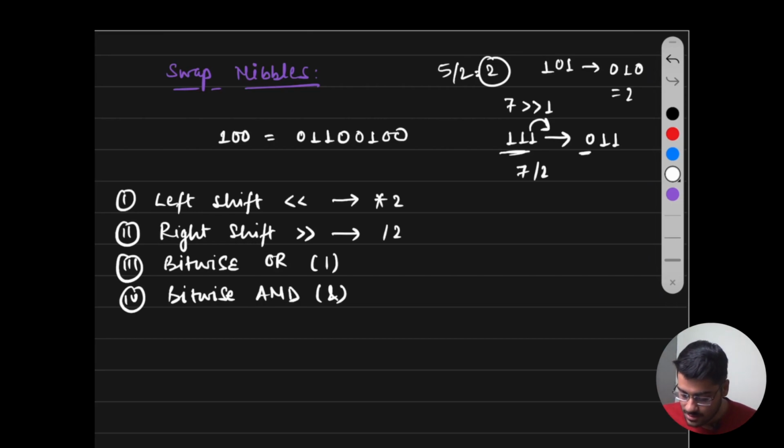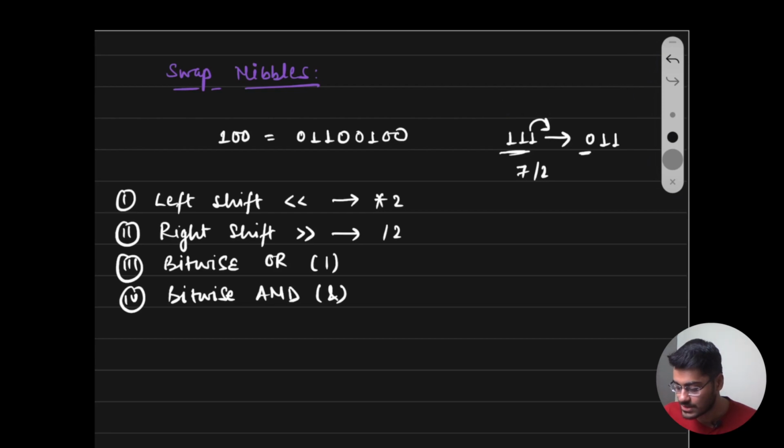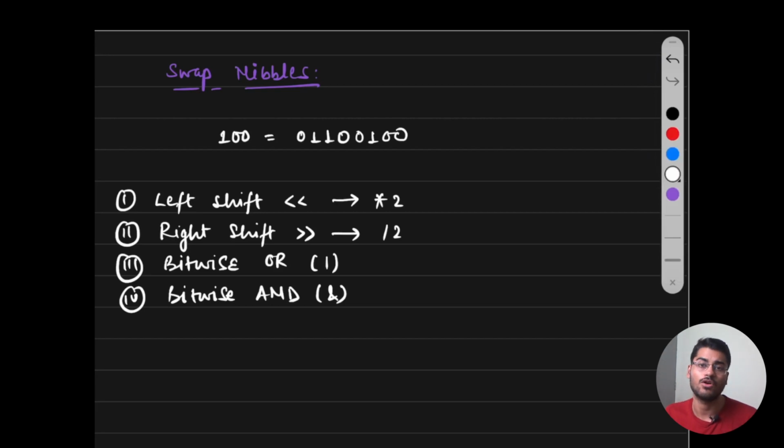Now comes the remaining two operations, that is bitwise OR and bitwise AND, which are pretty straightforward. Bitwise OR will take two binary representations, and wherever either one of them has a 1 at a particular bit, it will set that bit to 1.